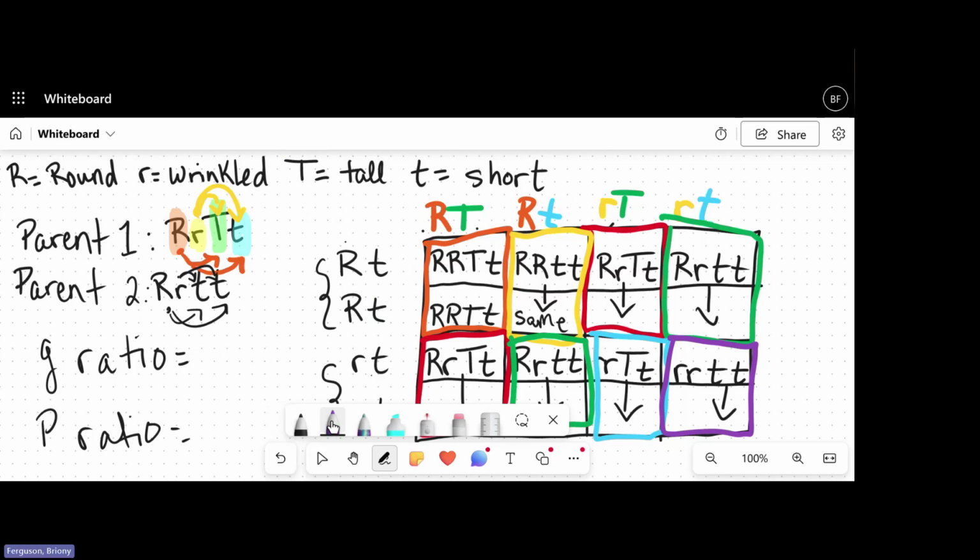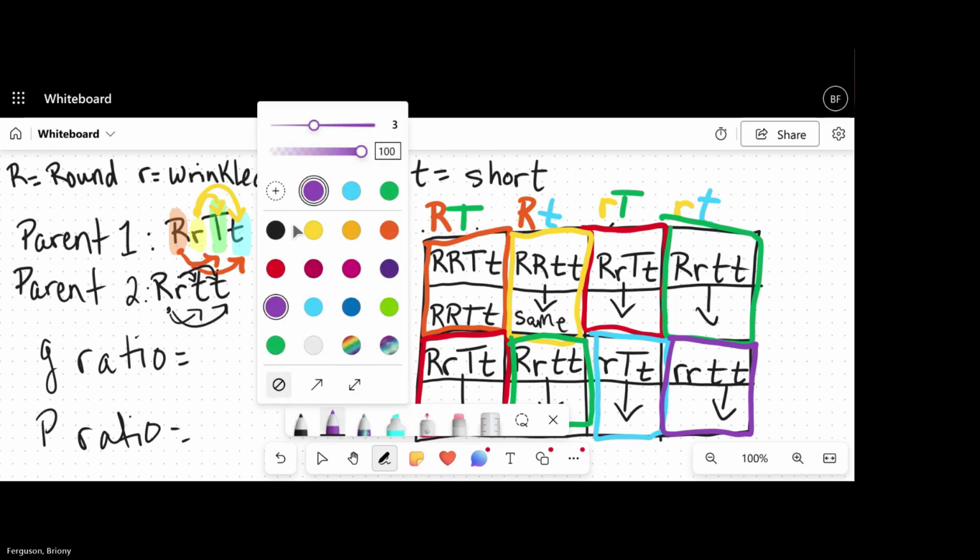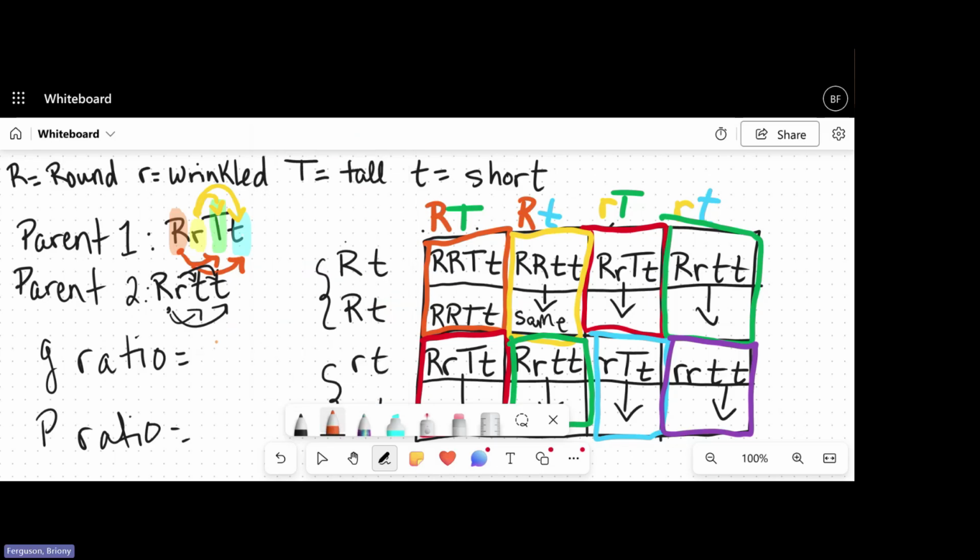So if we were going to do our G ratio for these, it will actually end up being 2.